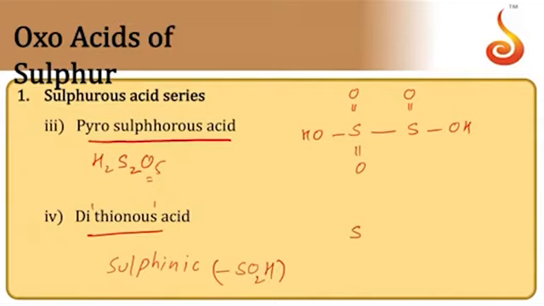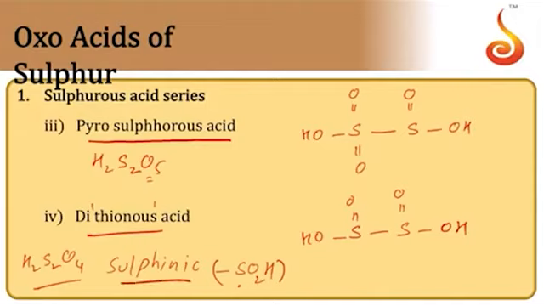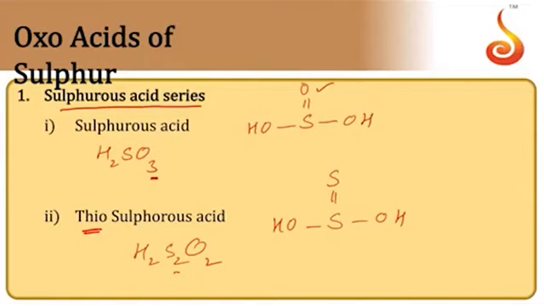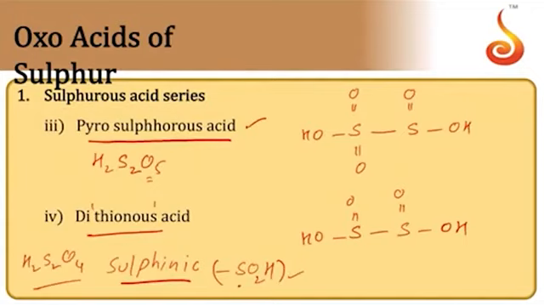So here there is once again a double bond O, and each sulfur has one OH group. The molecule is H2S2O4, which is called dithionous acid. So dithionous acid has sulfur-sulfur bonding, and there are 2 sulfinic groups. So these 4 come under sulfurous acids: the basic sulfurous acid, then thiosulfurous acid, then pyrosulfurous acid, then dithionous acid.